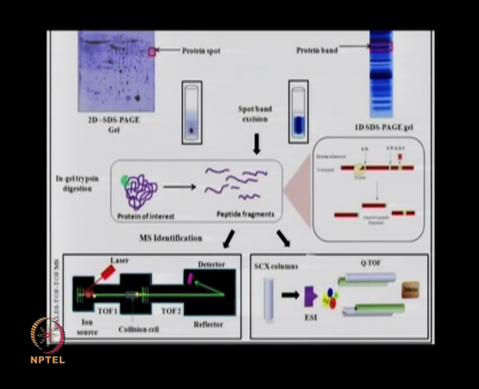Once the peptide fragments are generated, those can be analyzed using LC-MS or MALDI-TOF or different types of hybrid mass spectrometry techniques. So, in-gel digestion is a multi-step procedure, but remains central to proteomic applications. In-gel digestion includes spot selection, spot excision, stain removal, reduction, alkylation, proteolytic cleavage and finally, extraction of the peptides.